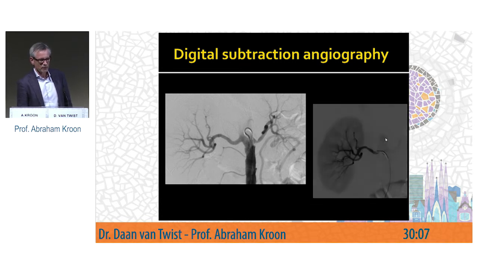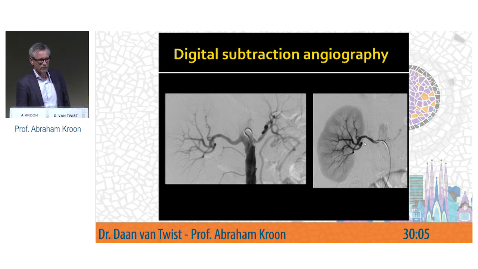And we have a selective view of the right renal artery, again with the same abnormalities as you see on this picture. And again here there is the hint of the stenosis on the left renal artery.